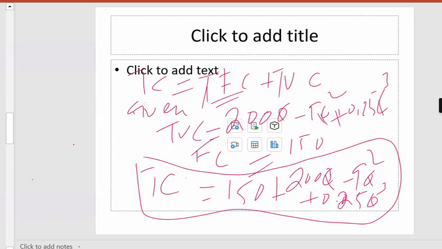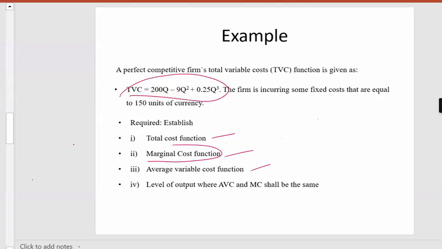That's why I normally insist on understanding the formulas and understanding the equations. When you say total cost, we have to sum up total fixed cost plus total variable cost. The total fixed cost is as the statement says, and the total variable cost we summed to get the total cost.